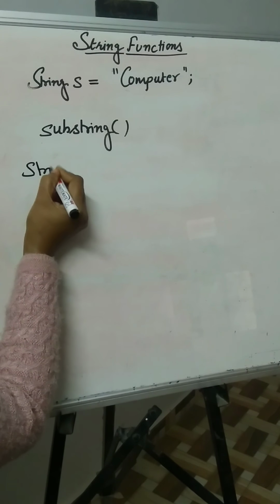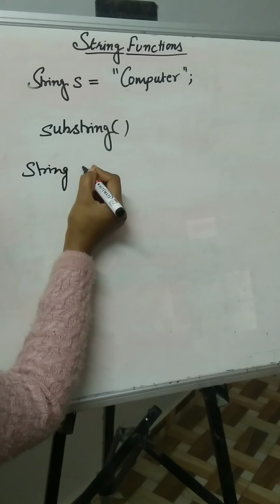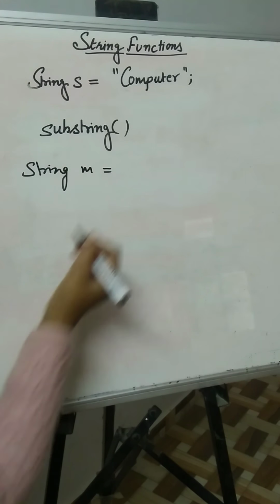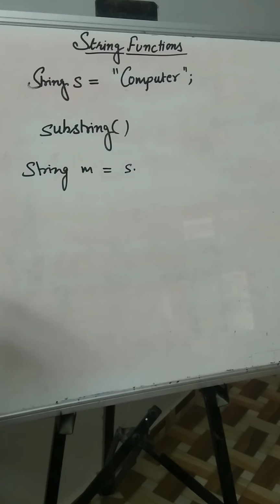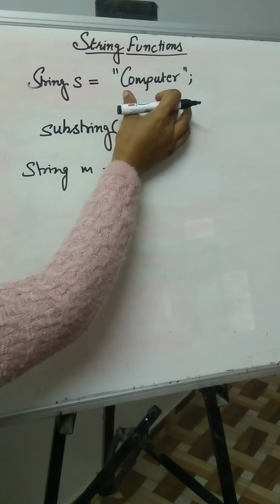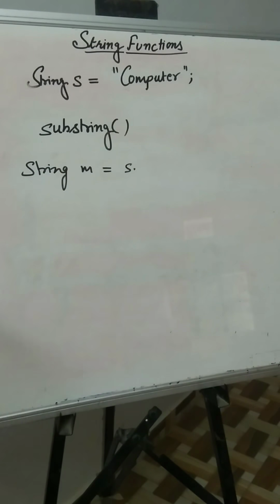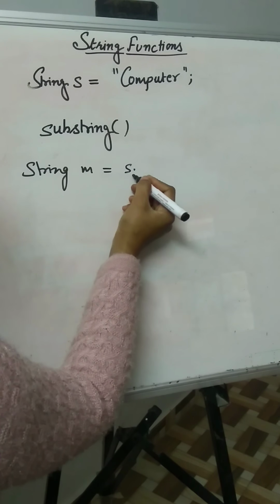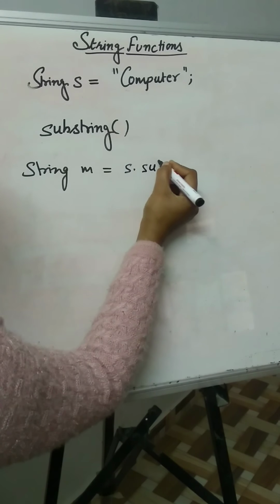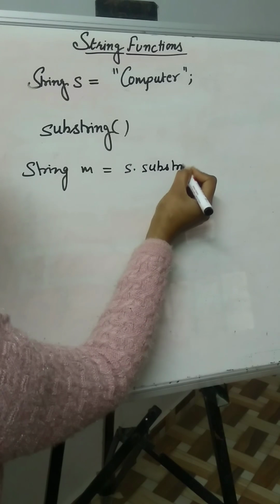String data type, right? The result is in string data type. Suppose string m is equal to S, and we have to extract some part of that string, computer. Suppose we write S dot, using the substring function.